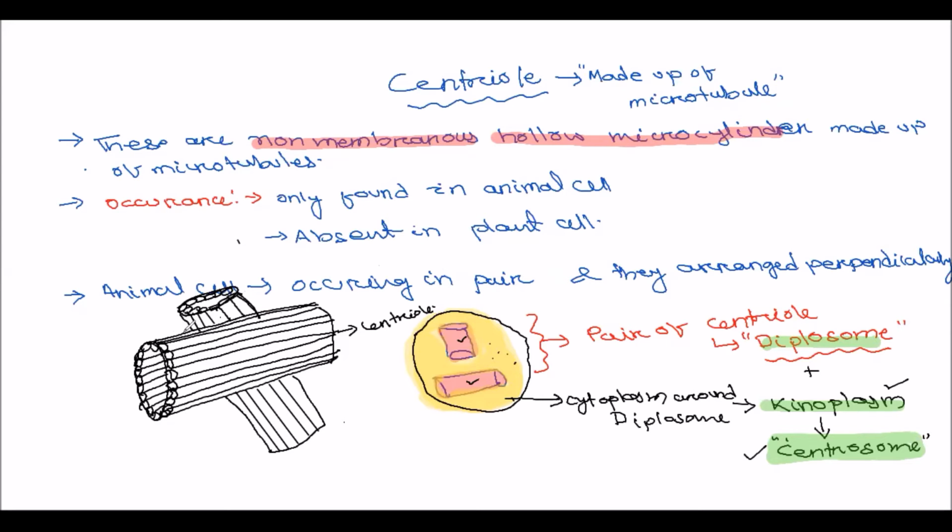So when we take its transverse section, suppose we go for this transverse section of the outer part. Let's see here from the front view. When we see its front view, then we will go for the transverse section.